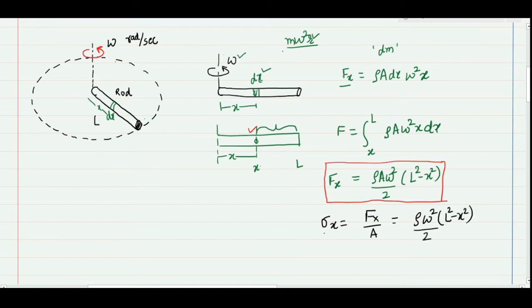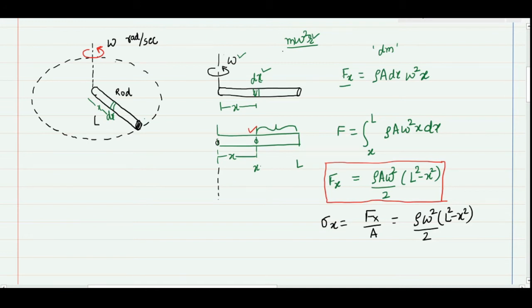Which section will have the maximum stress? The maximum stress will be at x equal to 0, because in this formula you can see that when x is equal to 0 the stress becomes maximum, and the maximum stress will be at the root. That is obvious because the entire centrifugal force, or the entire mass, is going to affect the point at the root.